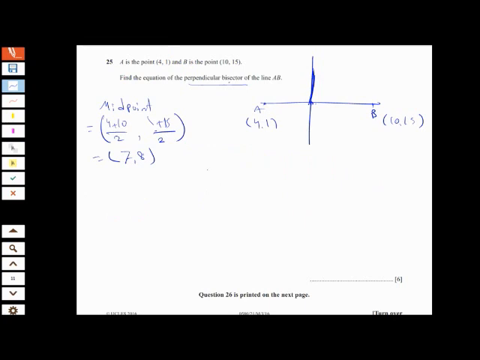Alright, now to find the gradient of the line AB, which is y2 minus y1 over x2 minus x1: 15 minus 1 over 10 minus 4. That would equal 7 over 3. And now to find the gradient of the perpendicular bisector, it's the negative reciprocal of this, which is negative 3 over 7.